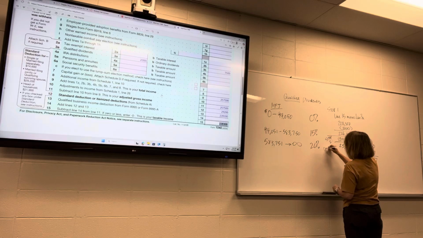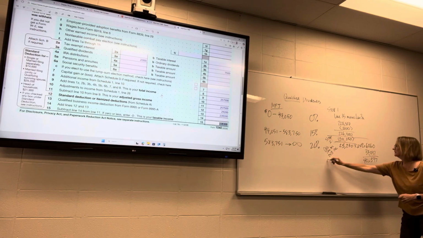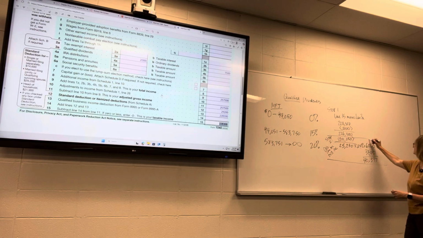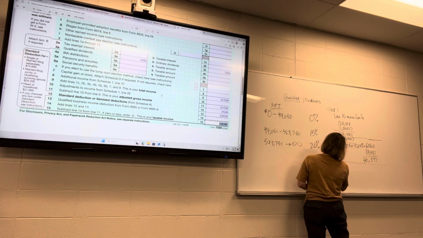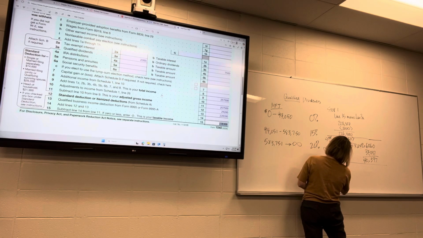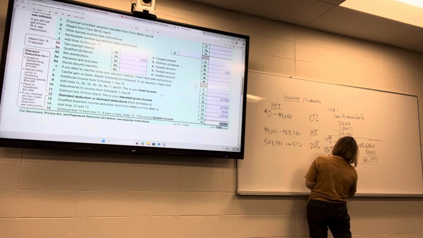Step 2 is to calculate tax on ordinary income. Step 3 is to calculate tax on qualified dividends.